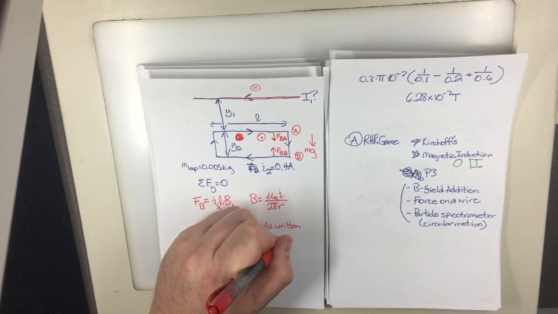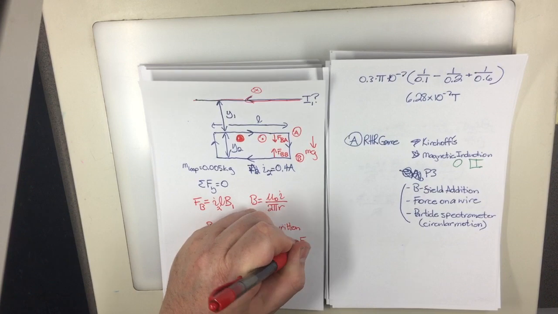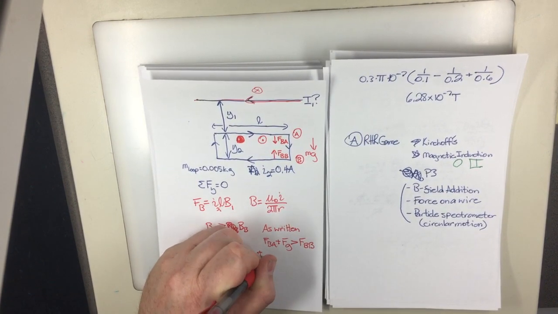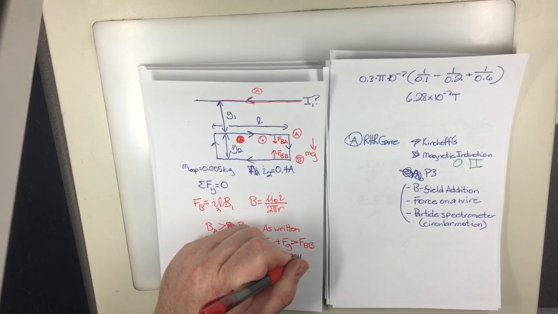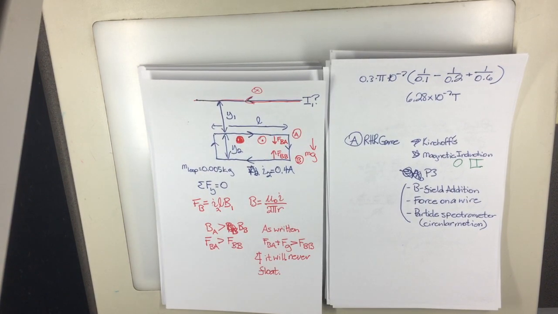So FBA plus FG is greater than FBB. And it will never float. So the problem will fail automatically.